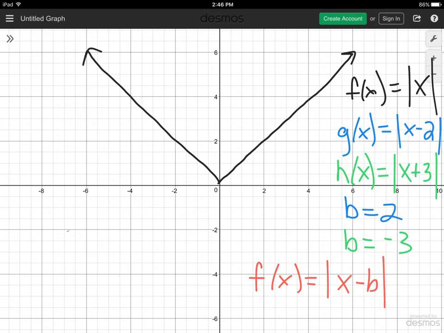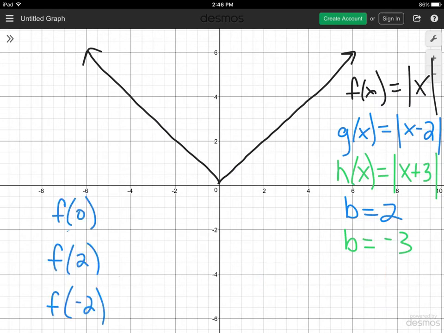That's just because the original generic formula of the absolute value looked like this, and so that subtraction sign was already there in the function itself. So if that's the case, then in this one, B must be positive 2 because the negative sign isn't changing. But since the sign changed from negative to positive, that must mean that B is negative 3. And that's all the reason for that.